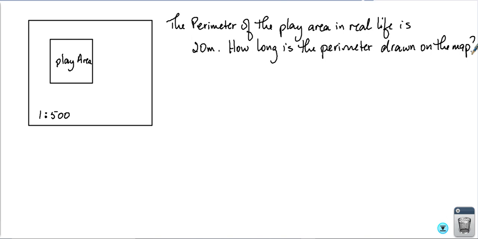So, as we did in our previous examples, we're going to start from that ratio, okay? So I have 1:500. Let's remember for the last time that 1 represents distance on the map, 500 represents real life distance. And we know that the perimeter is equal to 20 meters. So 20 meters is how much?